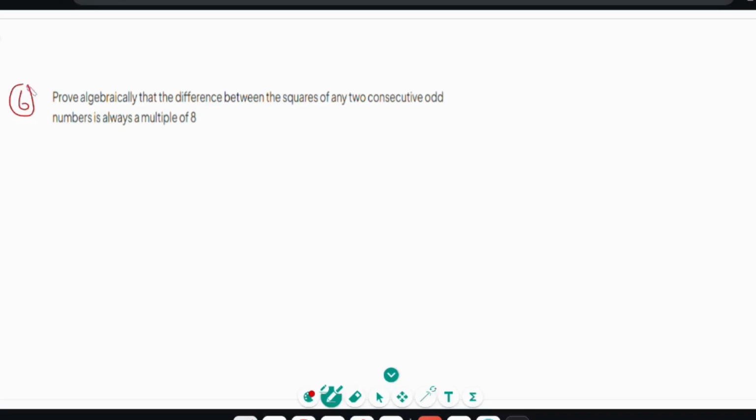Okay, last question here. Prove algebraically that the difference between the squares of any 2 consecutive odd numbers is always a multiple of 8. So the difference, so we're subtracting the squares of 2 consecutive odd numbers. So 2n plus 1 is our first odd number. 2n plus 2 is even, so 2n plus 3. We're finding the difference of them, so you need the biggest. Subtract the smallest.